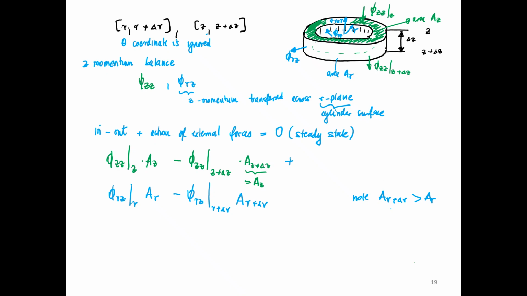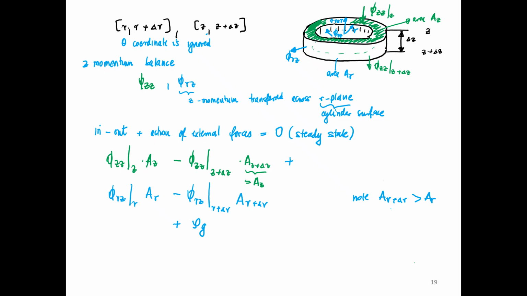Okay, so plus external forces, which are gravity forces. What is the gravity force? It's mg, and in this case g is in the z coordinate. I'm going to use the density, not the mass, so that's rho g times the volume.